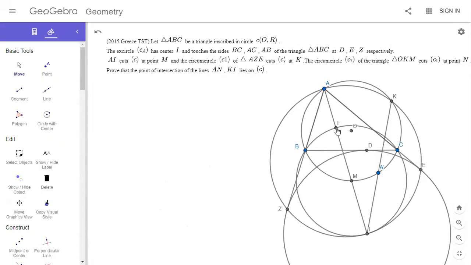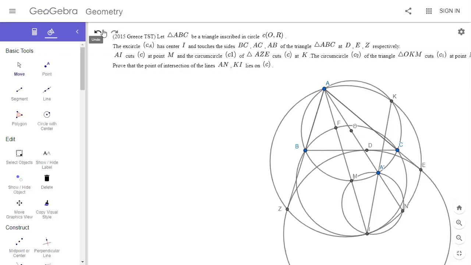Let's see. Did I ever use this circle? I don't know if I ever. Well, yeah, because I said A prime is the antipode of A. So let's see. First, we showed that K, A prime, and I were collinear, right?